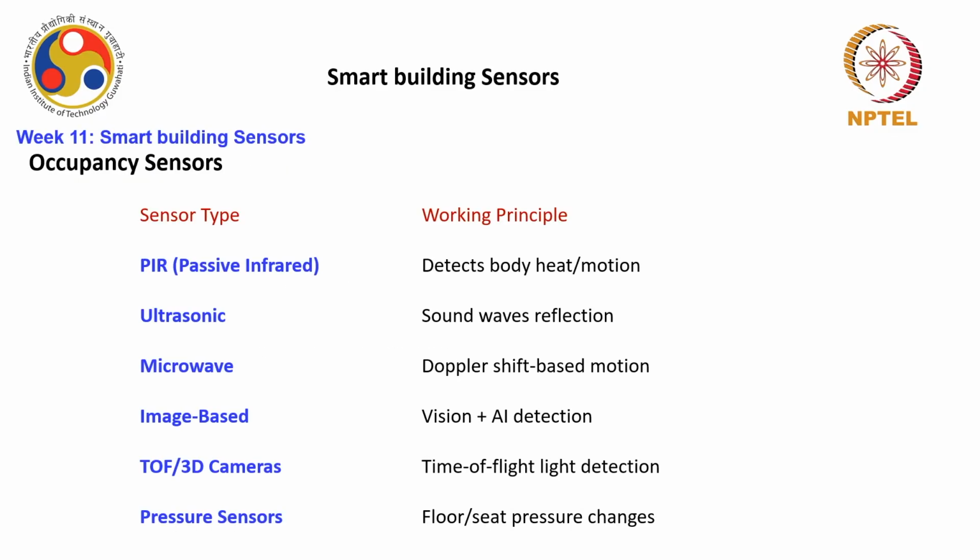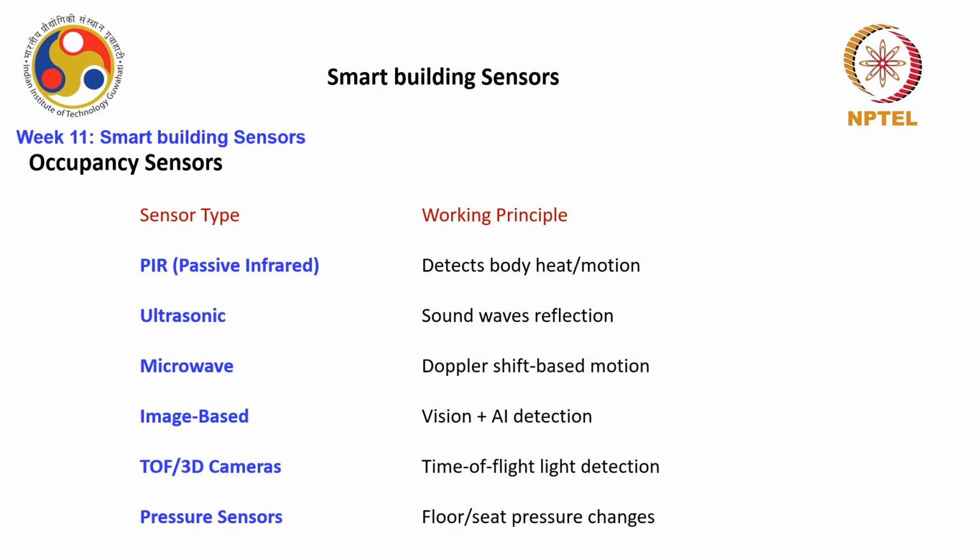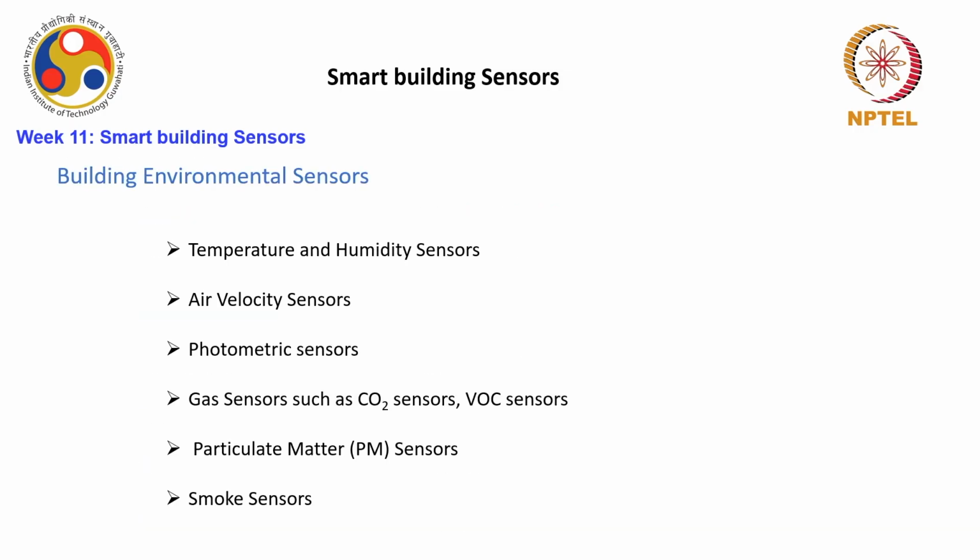For occupancy sensors, for example, we have seen various types like passive infrared, ultrasonic, and microwave based occupancy sensors. Along with this, we have seen more categories like image based or TOF based, and 3D cameras can sometimes also be utilized for monitoring occupancy. Then for monitoring temperature and humidity, air velocity, and photometric sensors, we have seen a number of devices.